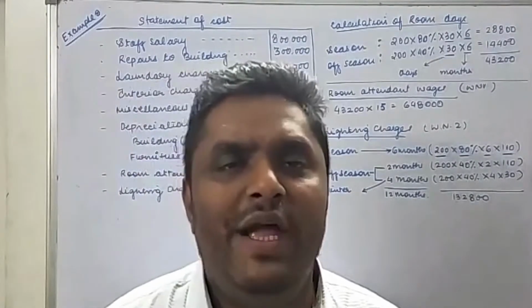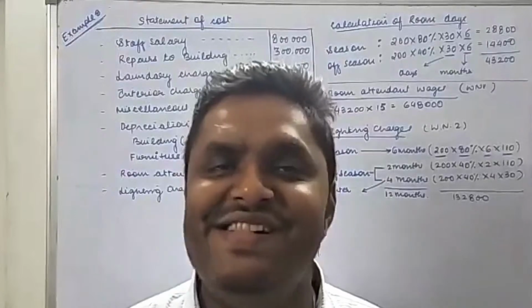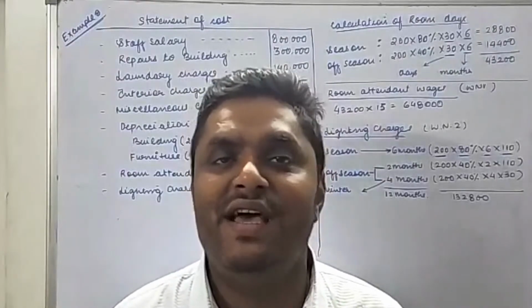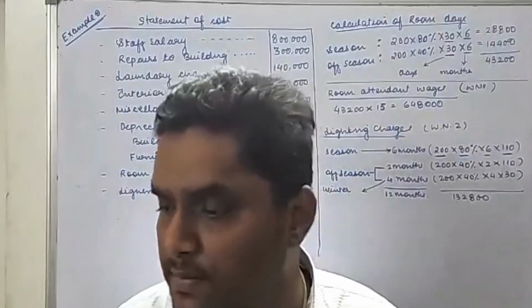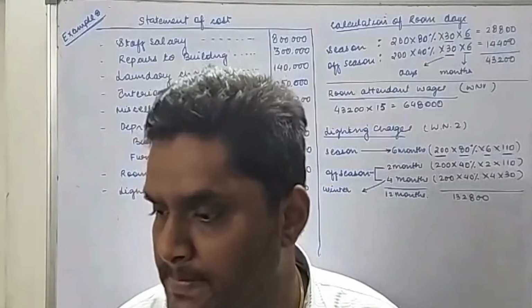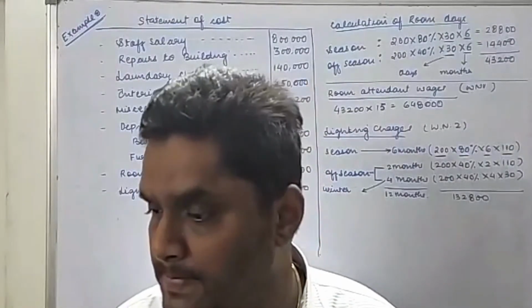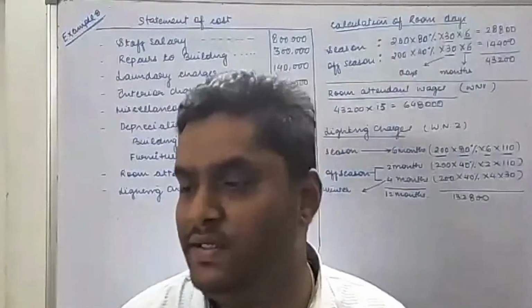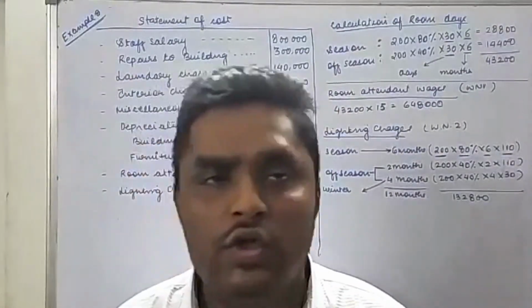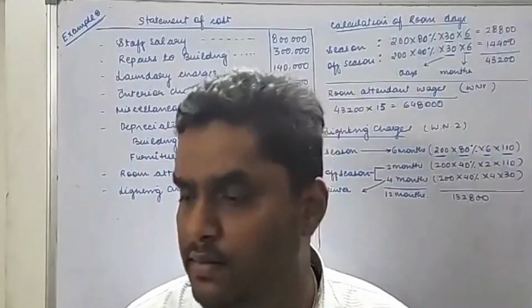Generally, in hill station, winters are like off season. So that's why the study material has assumed it to be an off season. So you can write your assumptions there.